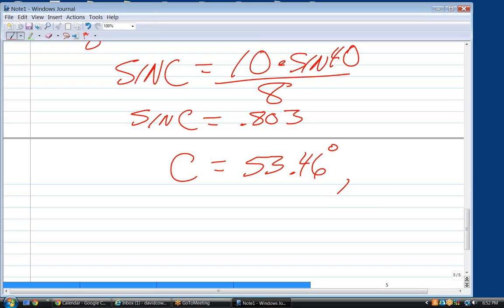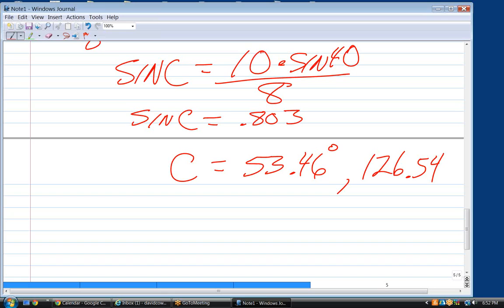What else could c be? And this is the step you have to take every time you do this. 126.54. In other words, the supplementary angle.